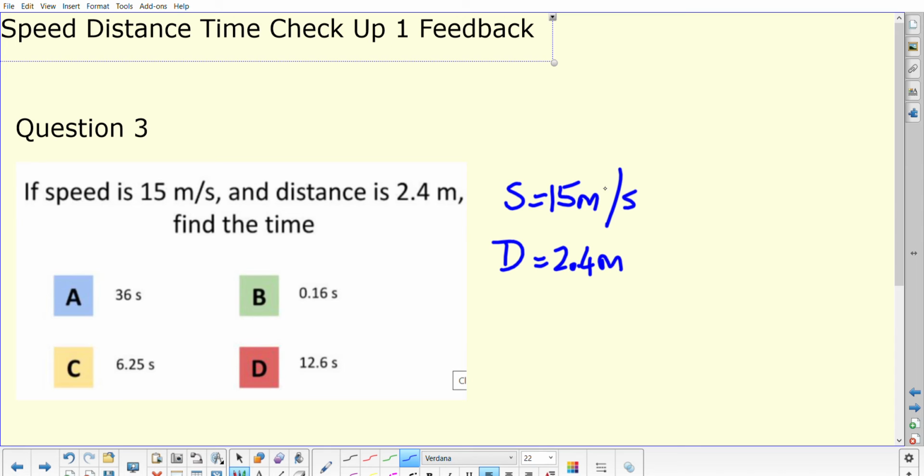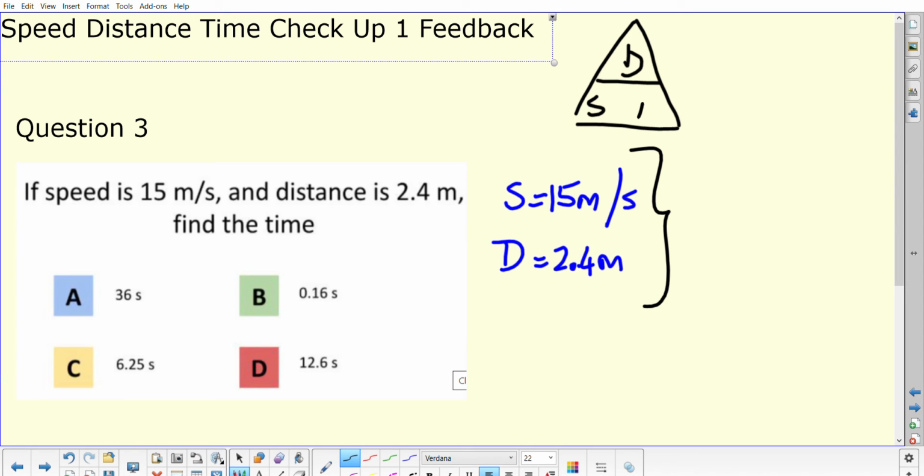So again, the distance units kind of match up. You're trying to work out a time, and again from the little triangle, your distance is at the top, speed and time at the bottom. If you want the time, you're covering up the T, then it's distance divided by speed. So the formula you're using here is time equals distance divided by speed.